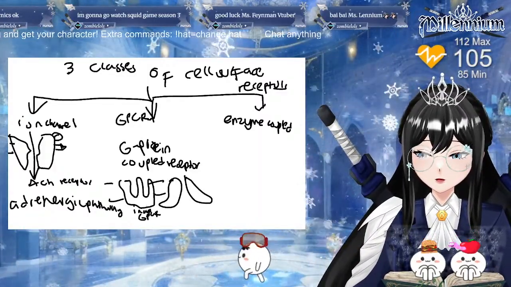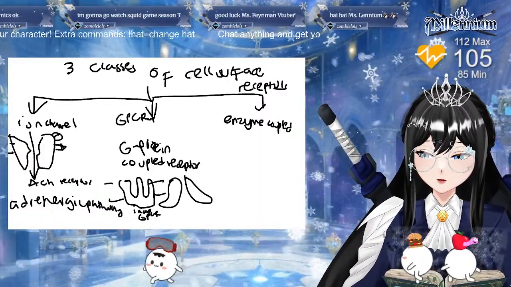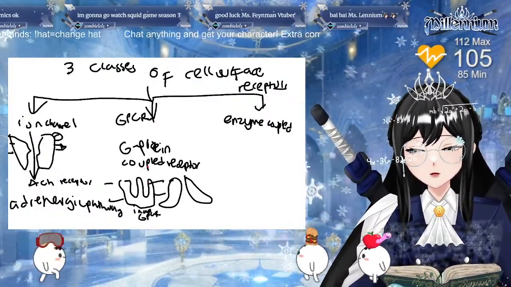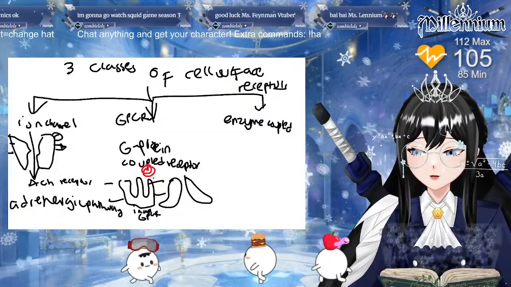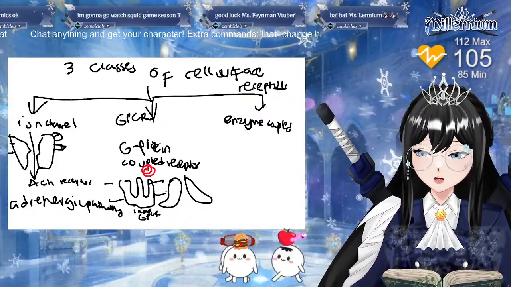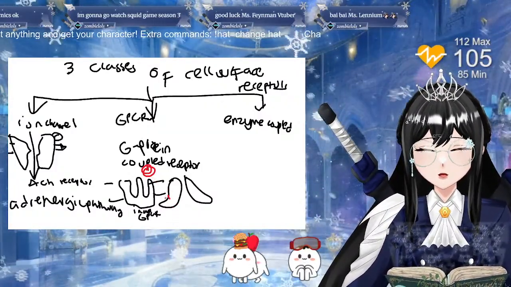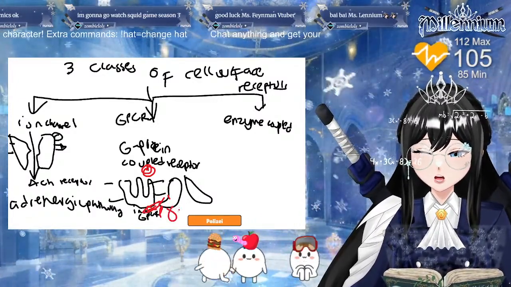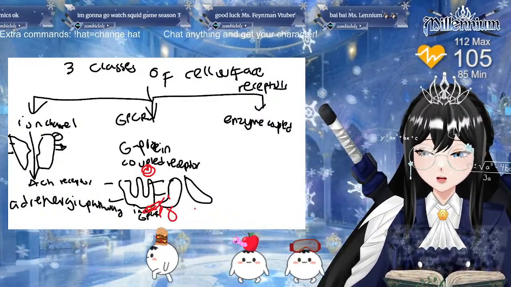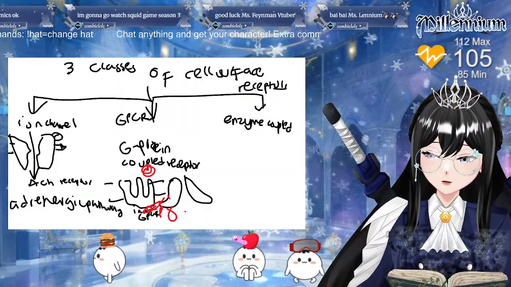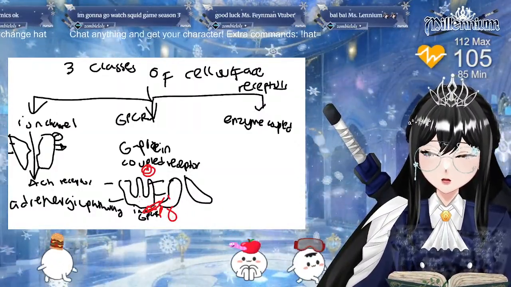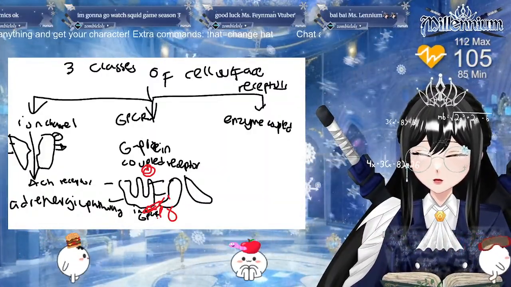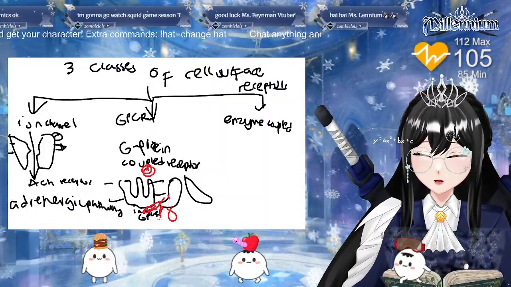The way it goes is, first the signal molecule goes to your GPCR, and then the G protein with the alpha, beta, and gamma is activated, and then the enzyme. What's the flow? Ligand binds, conformational change, the GPCR activates the G protein and exchanges, taking the G alpha subunit.